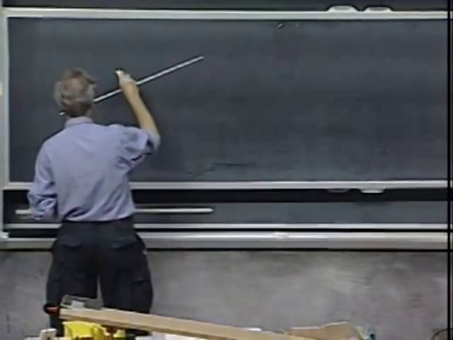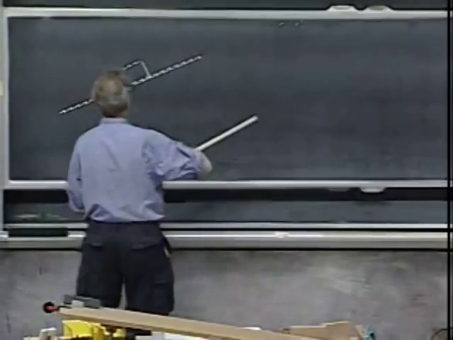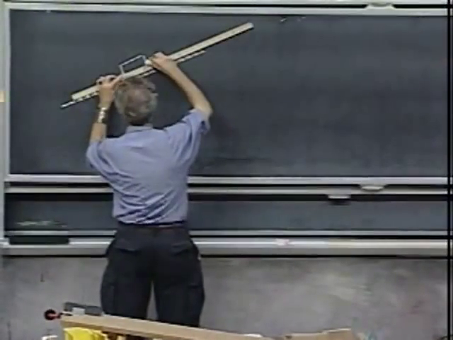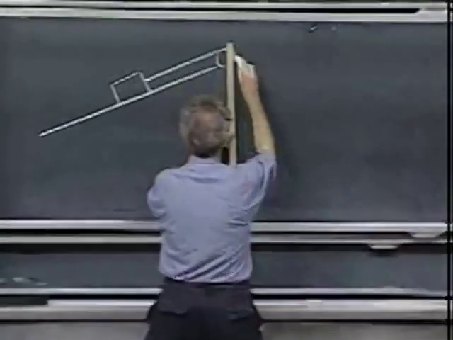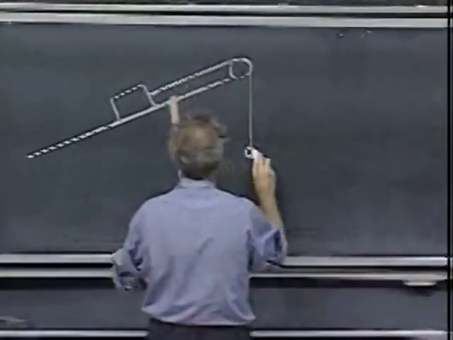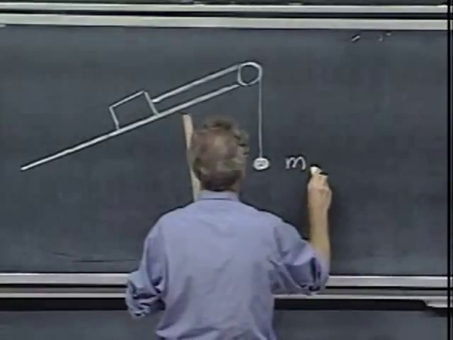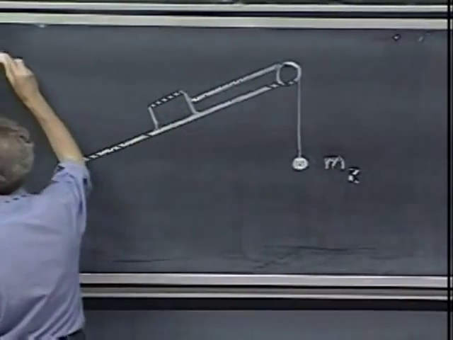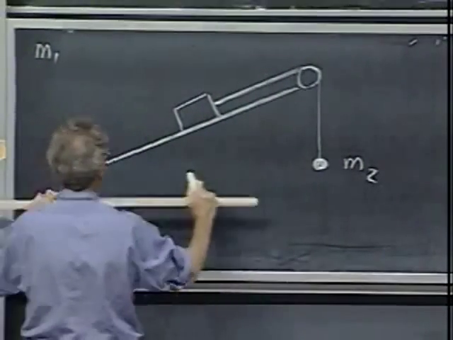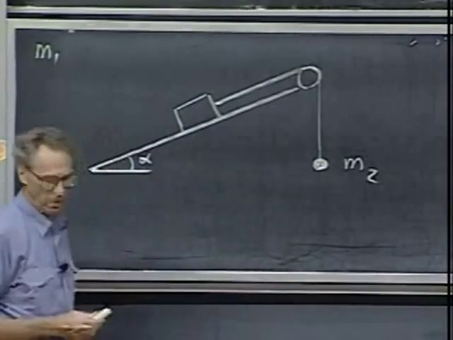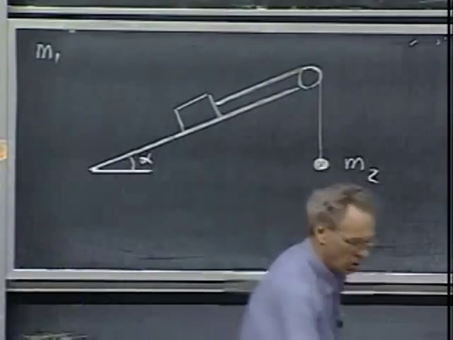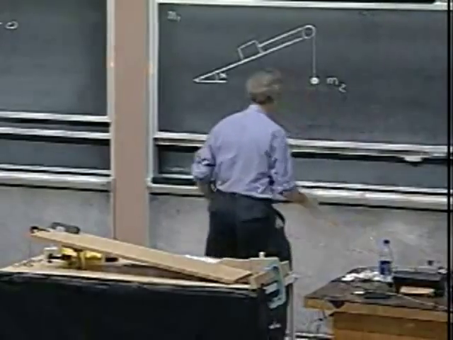So here is that object, and here is a string, and a pulley, and here a string. And here is an object, mass m2, and this object has mass m1. And the angle here, alpha. I'm looking for my green chalk. I want to use the same color convention.